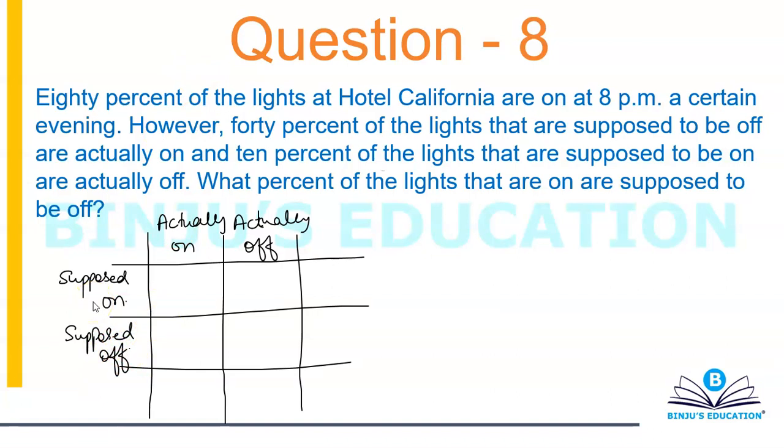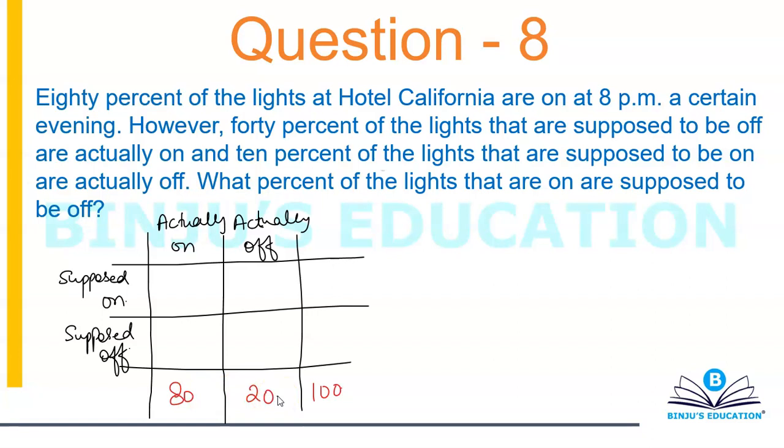Everything is given to us in terms of percentages only, and the question is also in terms of percentage. So I'm going to take my total to be 100. You can take it to be X also, that's completely your call. I'm going to take it to be 100. So 80% of the lights at Hotel California are on at 8 p.m. So actually on is 80. So actually off would be 20. First statement is done.